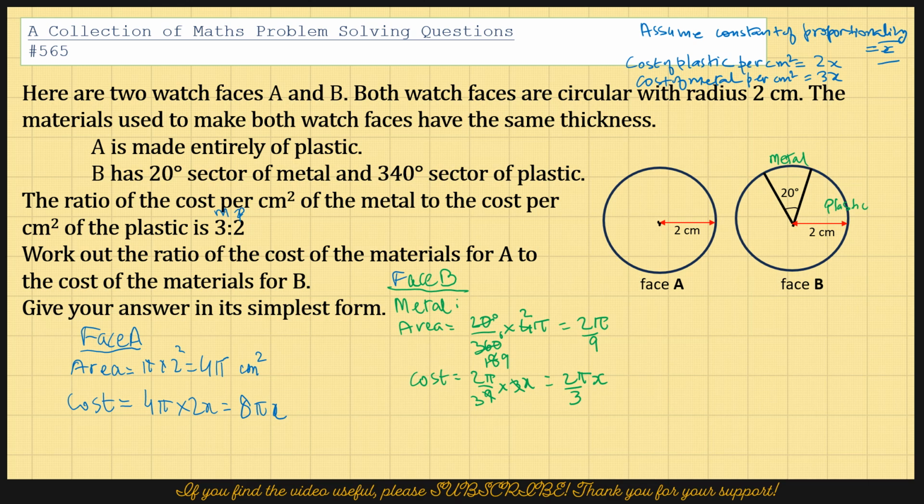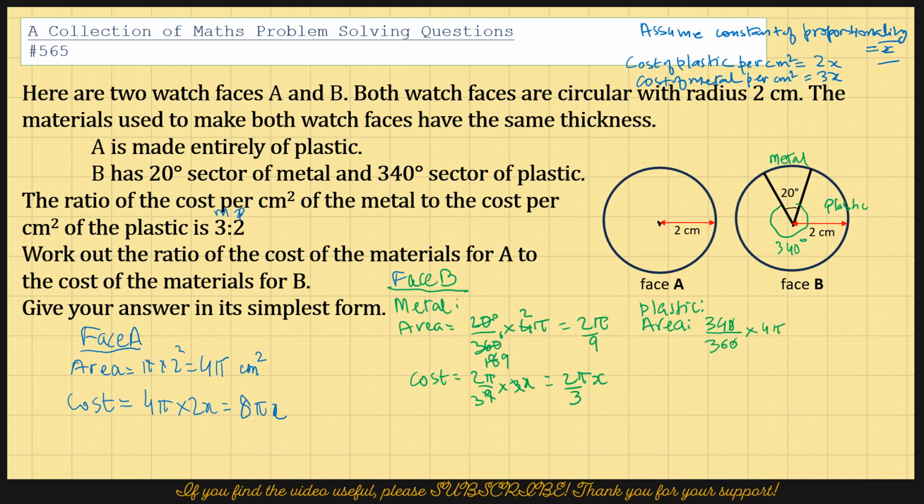Now I have to work out the plastic. The other angle they have given us is 340 degrees, so we do 340 divided by 360 multiplied by 4 pi.